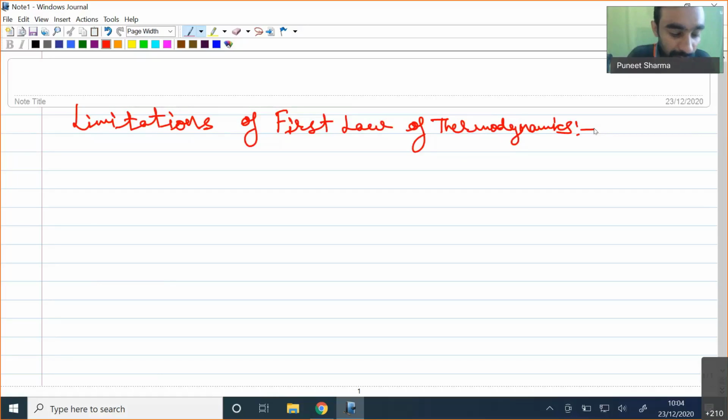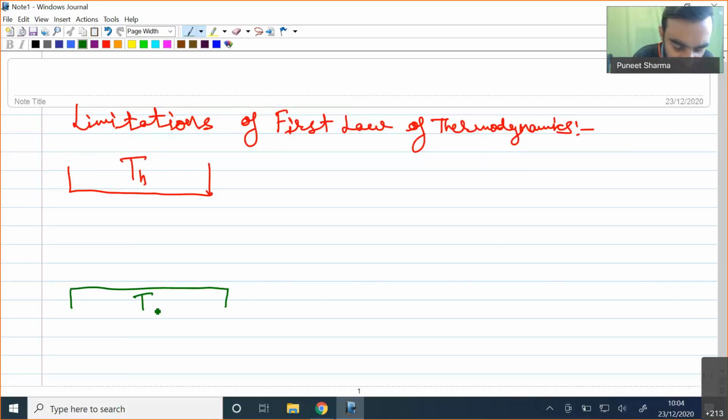In general, if I have a temperature source having temperature TH and another temperature source having temperature TL, and TL is less in comparison to TH, we may have transfer of heat from high temperature to low temperature.